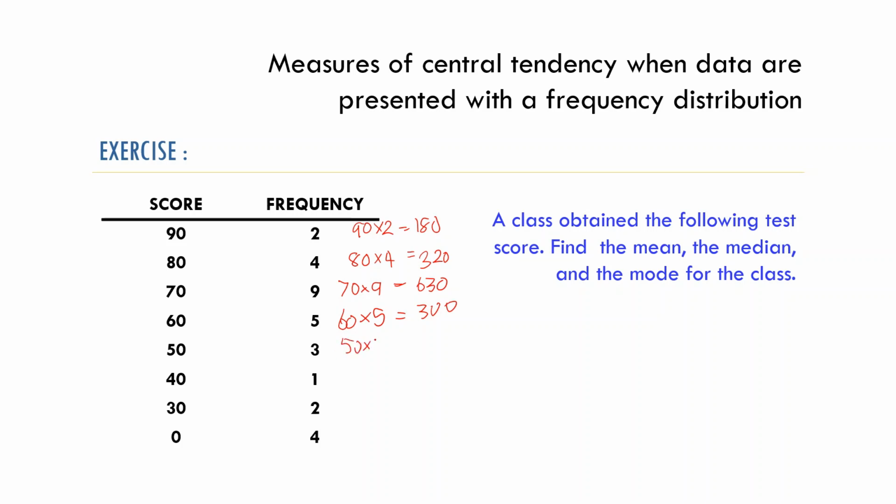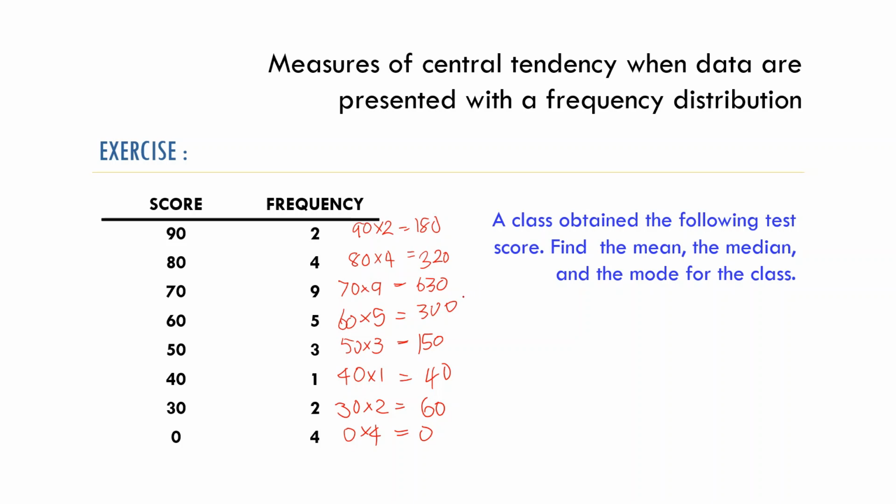50 multiplied by 3, 150. 40 multiplied by 1 is 40. 30 multiplied by 2, 60. 0 multiplied by 4, zero.